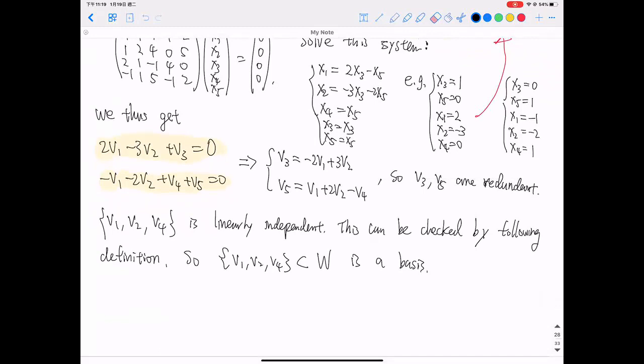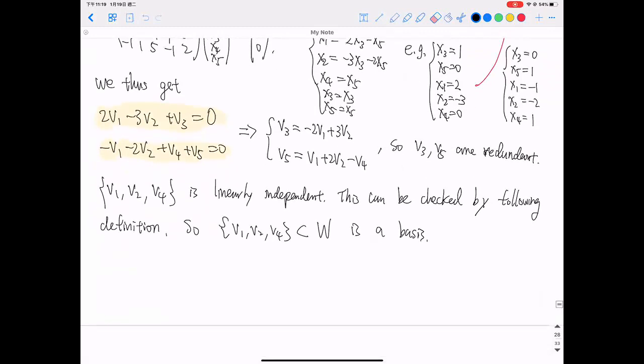So the process can actually be done fairly generally. There's an algorithm for the more general situation.